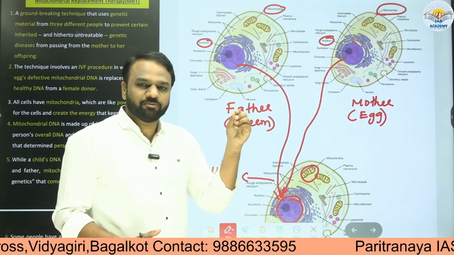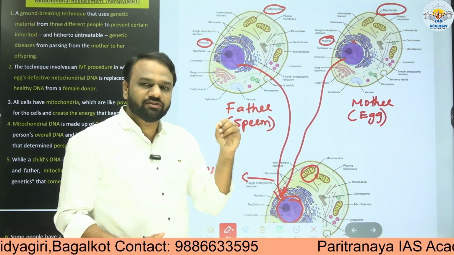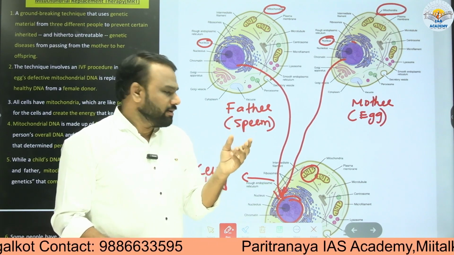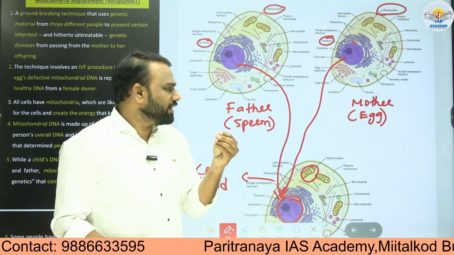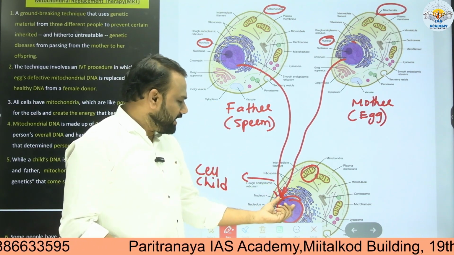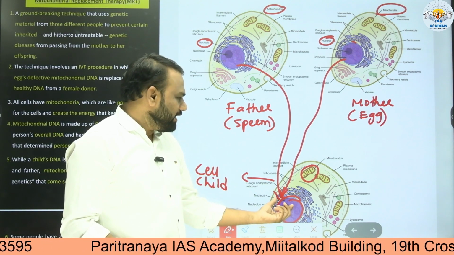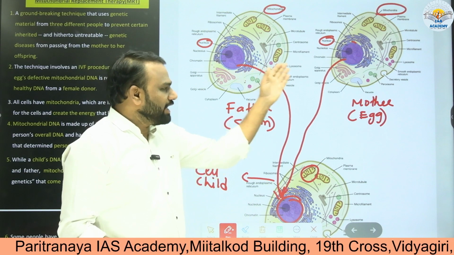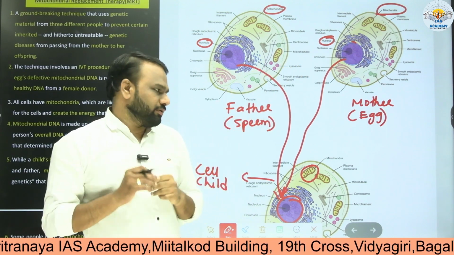One is prone to heart disease because his father is suffering from heart disease, and another may be prone to diabetes because he has inherited the genes of his mother who is diabetic. So this nuclear DNA consists of material inherited from both father as well as mother. An important point to note.